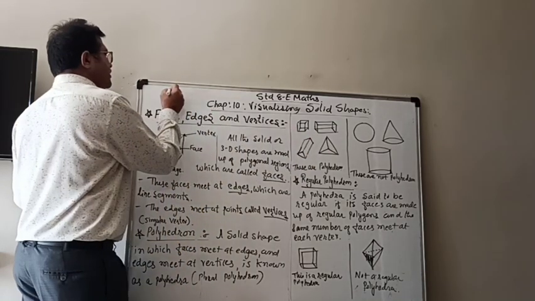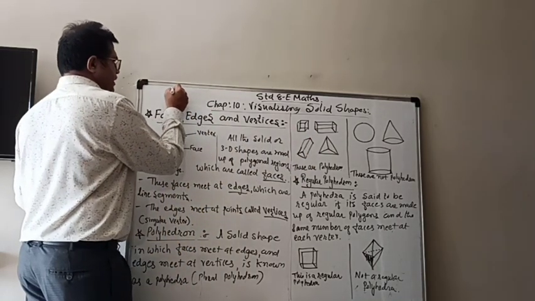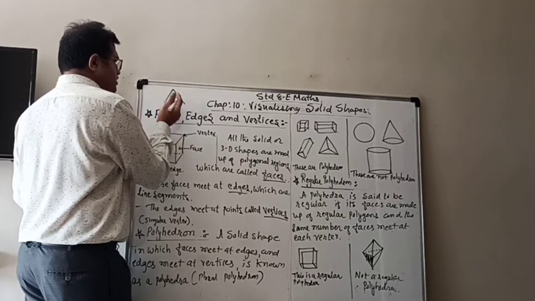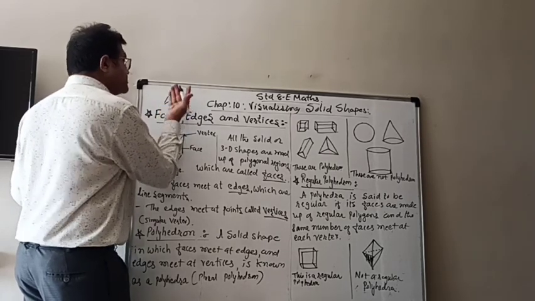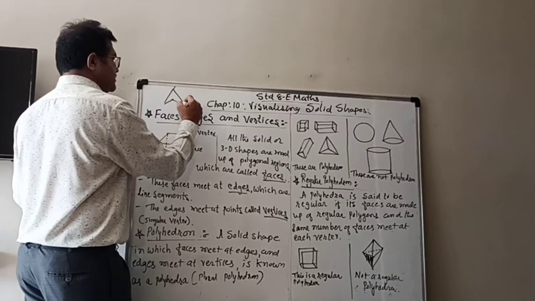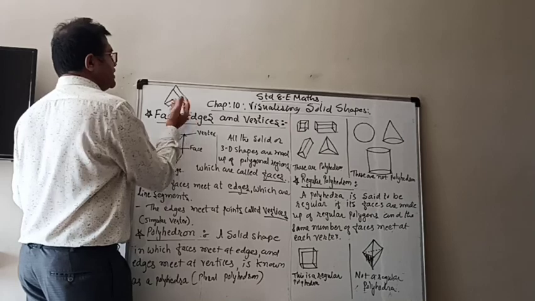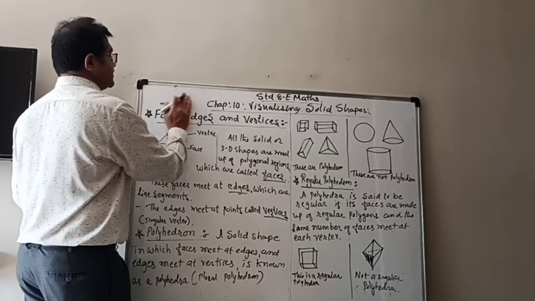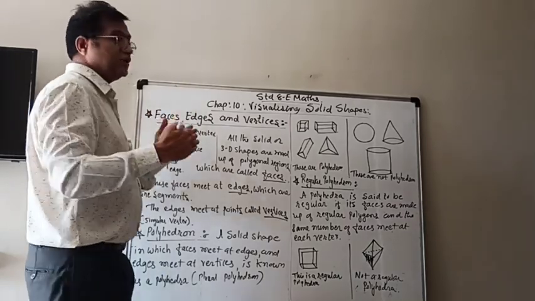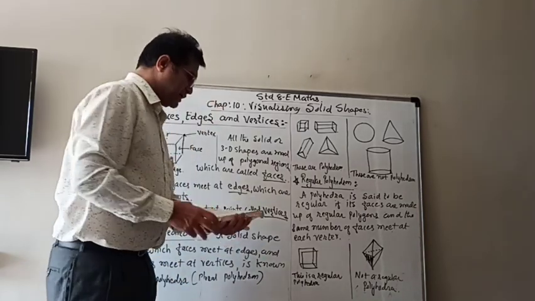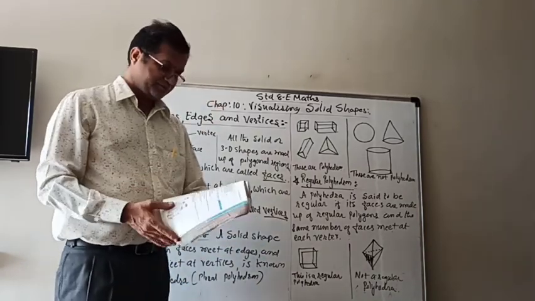But if a polyhedron is like this, let me explain, in which some of the edges are going inside, inward, as shown in the figure here. Let me show you the figure here.